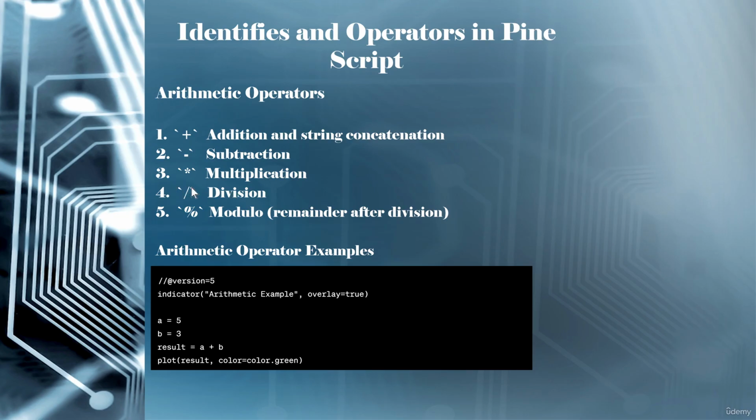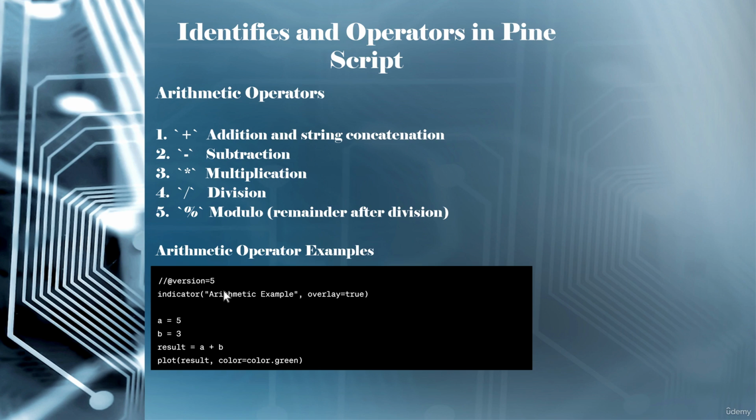Division, we use the forward slash symbol. And modulo, which is the remainder after division, we use the percent symbol for this arithmetic operator. These operators can work with both numbers and strings, providing flexibility in calculations and concatenations.